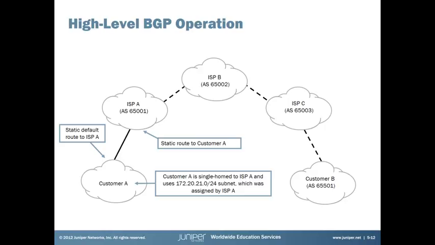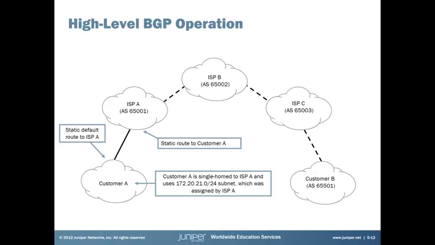So here we've got customer A. Now, customer A is your regular enterprise type customer, which has got a default route to its ISP. That is probably, well, 90% of all enterprises are exactly that way, maybe more.